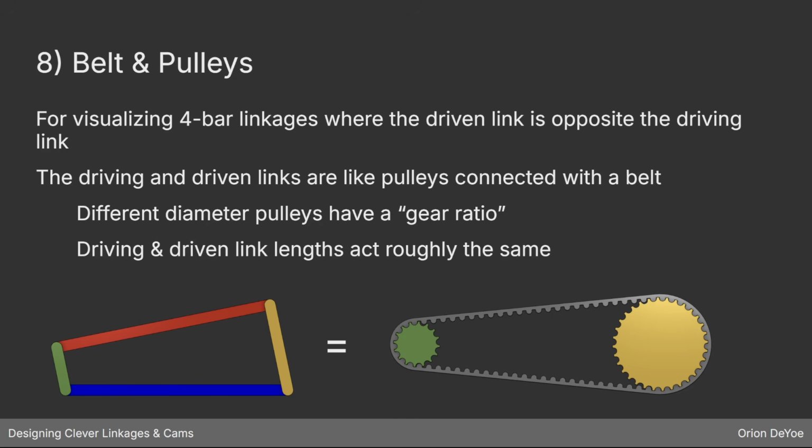Like I'm showing on the screen here, if my driven link is small and my driving link is large, then I have an effective gear reduction where the input link is going to move a lot and the output link is not going to move very much. The ratio of those two lengths acts roughly in the same way as the ratio of the diameters of pulleys or sprockets would.